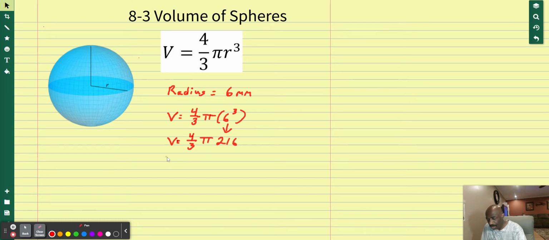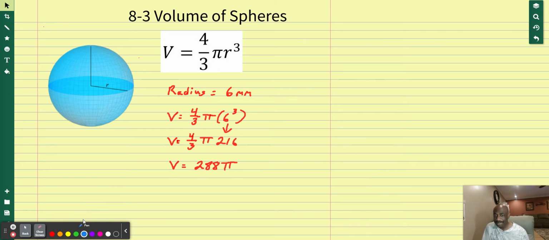Now take the 216 and multiply by the 4/3. You can go 4 divided by 3 times 216, or 216 times 4 divided by 3. Either way, you're going to get 288 pi. Notice I still have an equal sign because this is an exact answer.